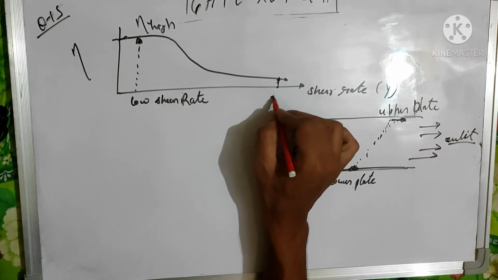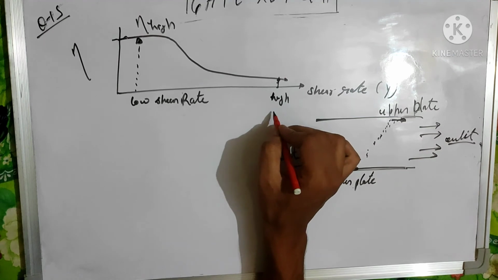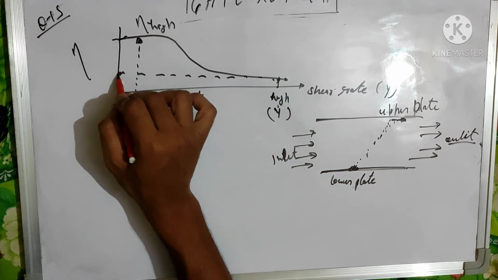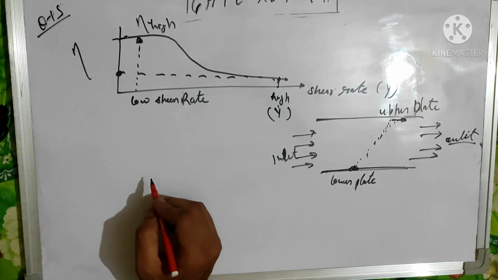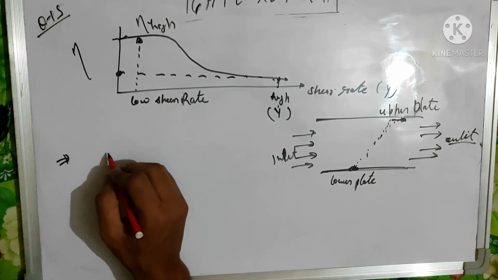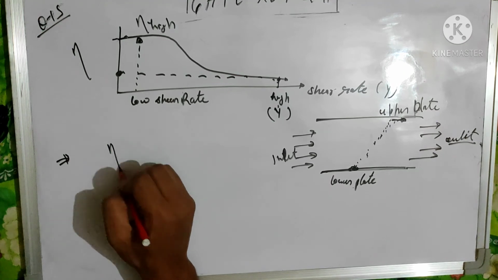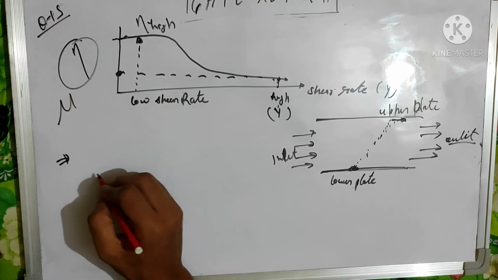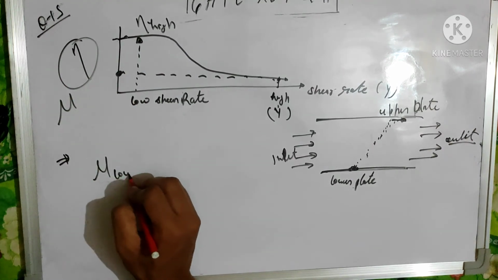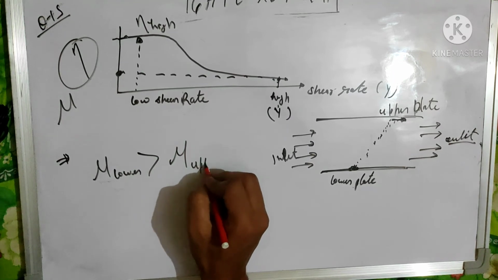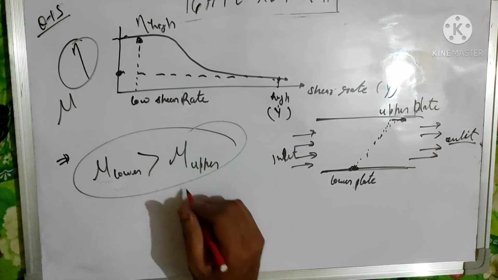At high shear rate, you can see the viscosity will be low. So the correct option is the viscosity. Viscosity simply represents eta or mu. So the viscosity at the lower plate is greater than the viscosity at the upper plate.